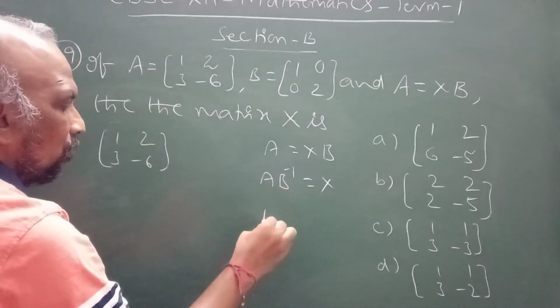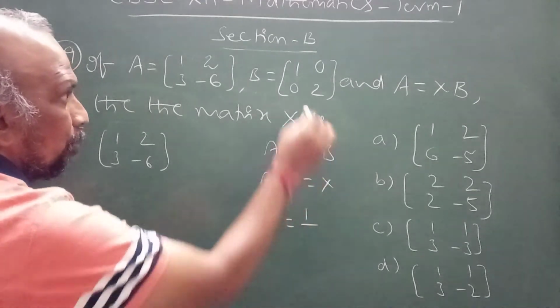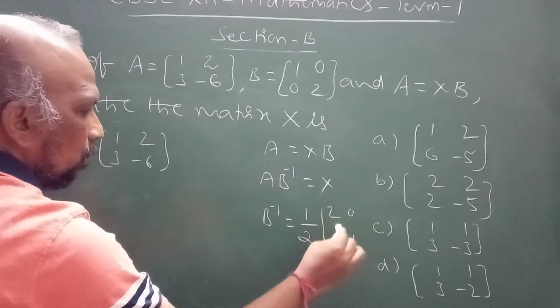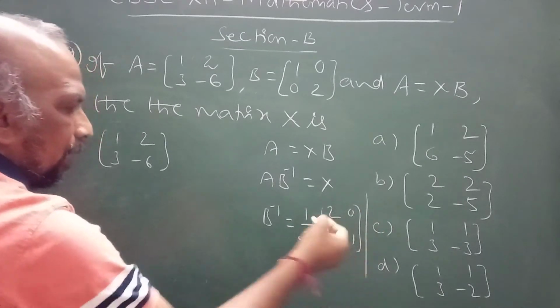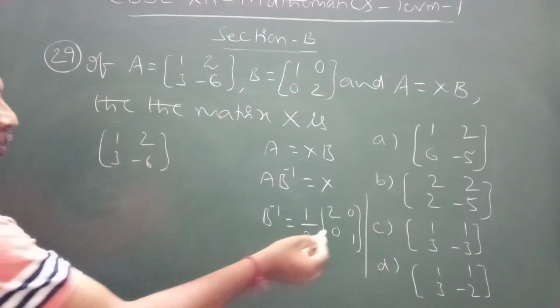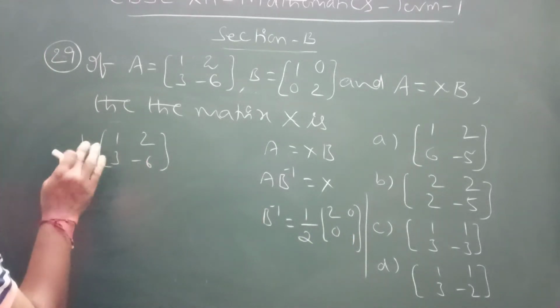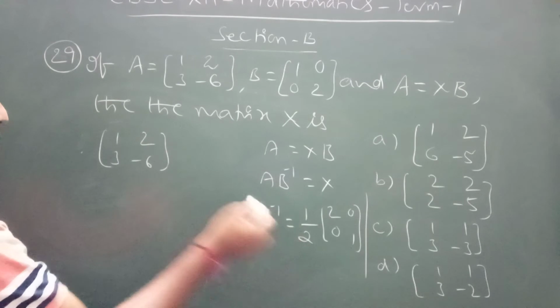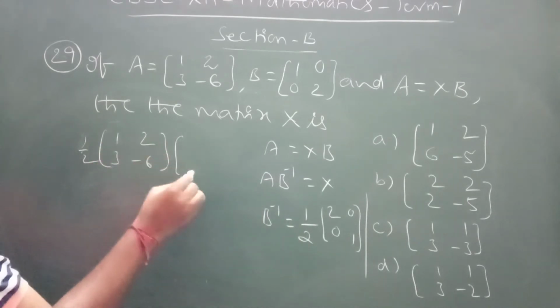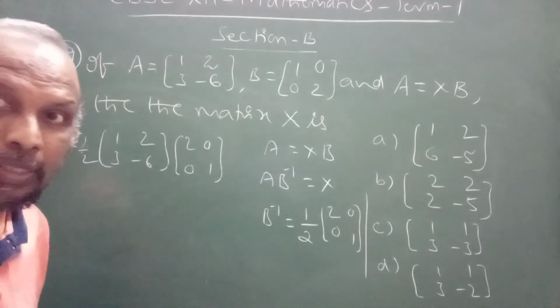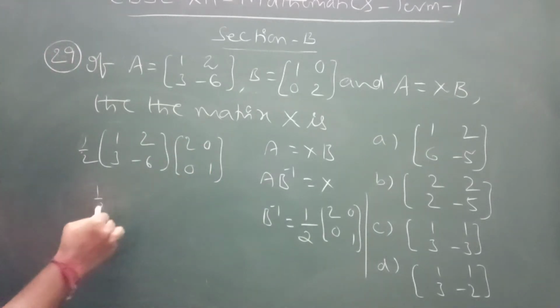What is B inverse? We know that B inverse is 1 by det B times the adjoint, which is 2, 1, 0, 0. So this is the adjoint of this. If you multiply this, I can write 1 by 2 into 2, 0, 0, 1. You multiply this, then it comes 1 by 2.